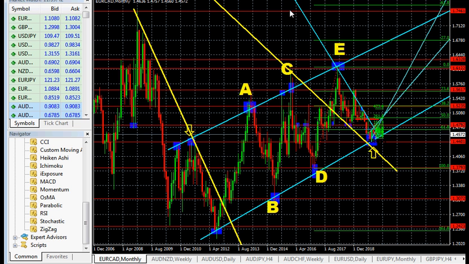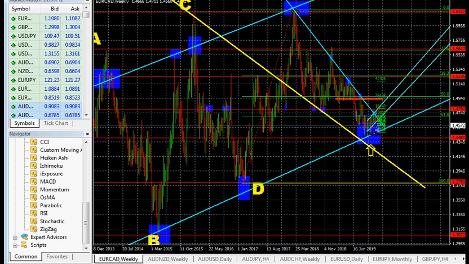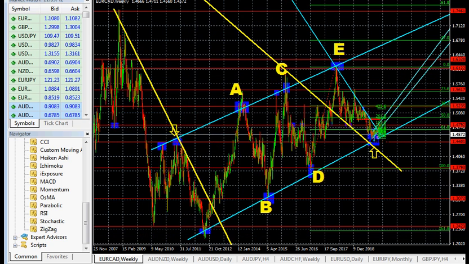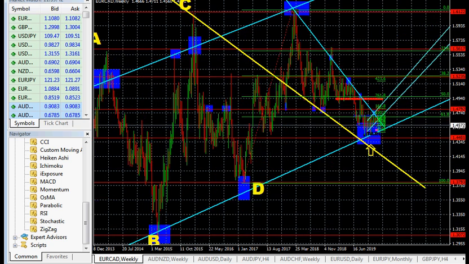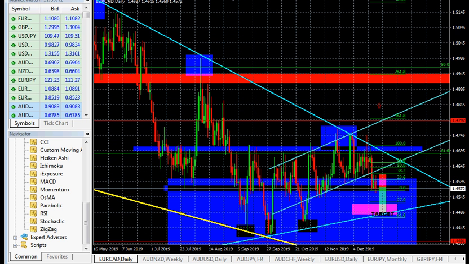So if we must begin trading, we must know support and resistance zones in the market. And we always begin our analysis from the weekly time frame, because it gives us a bigger picture, and we can move down to the daily time frame and to the 4 hours.